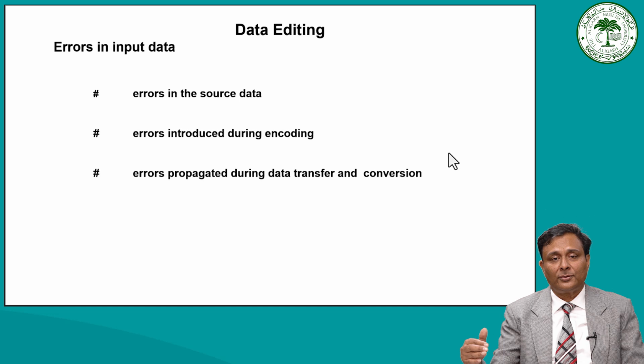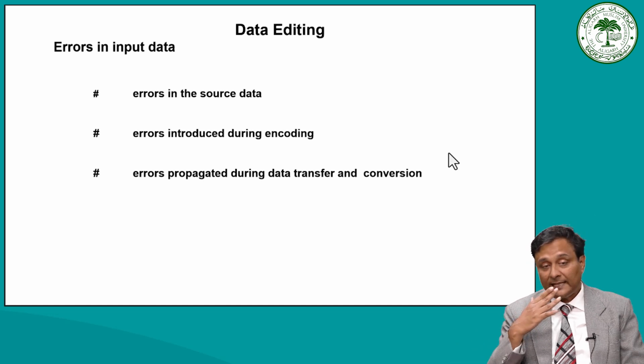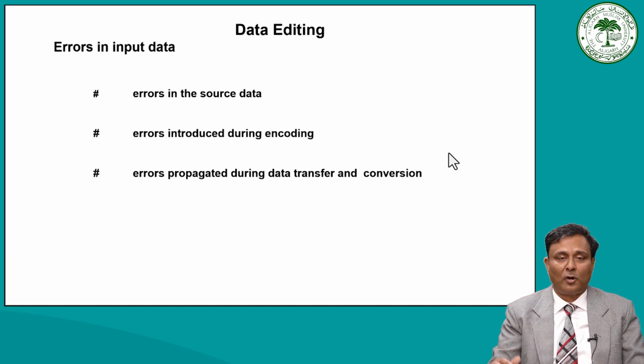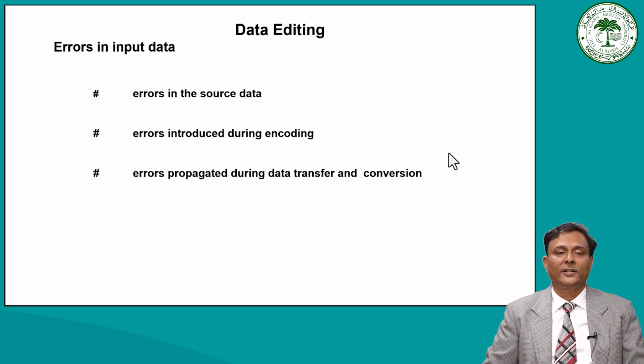Then there are errors introduced during encoding. As I am saying again and again, in modern times there are different types of data formats available. When they are in different formats and we are bringing them into spatial information in digital format, there is a possibility of incurring some kind of errors.